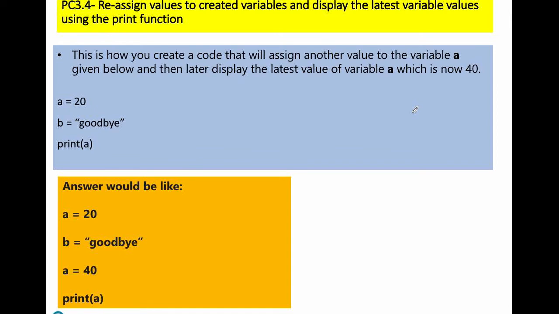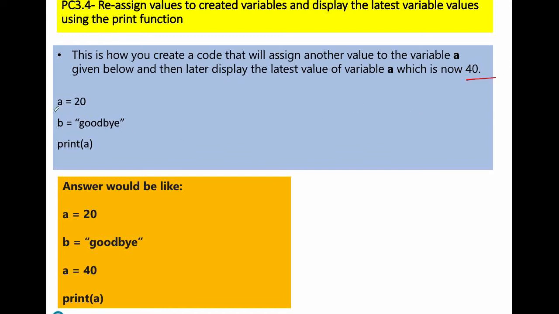PC 3.4: reassign values of created variables and display the latest variable values using the print function. The question here is asking us to create code that will assign another value to the variable a given below, then later display the latest value of variable a, which is now going to be 40.